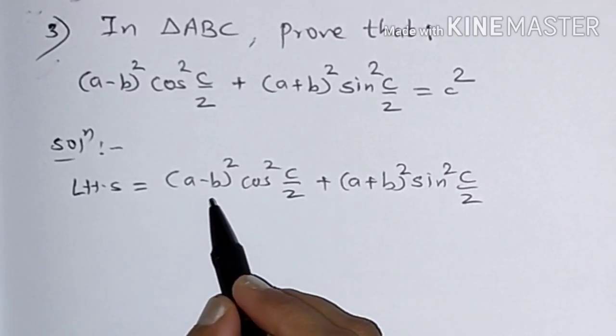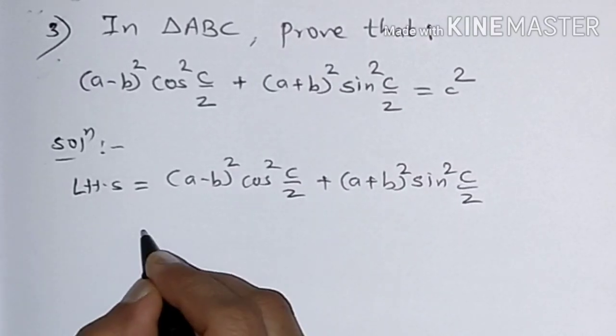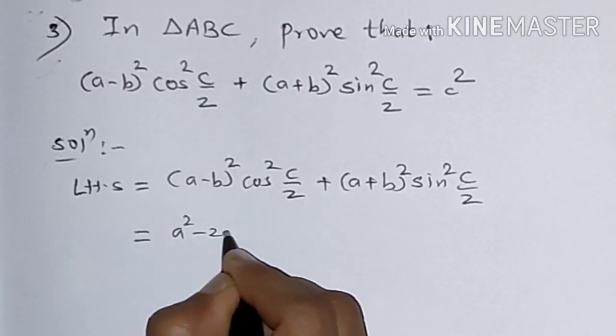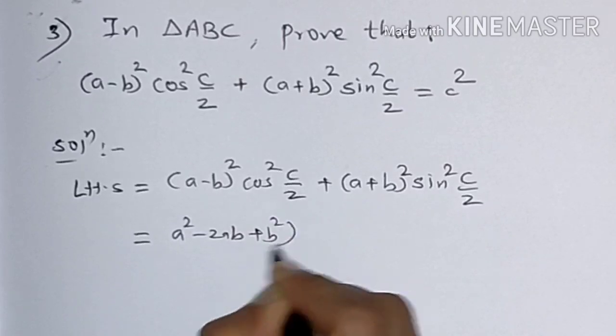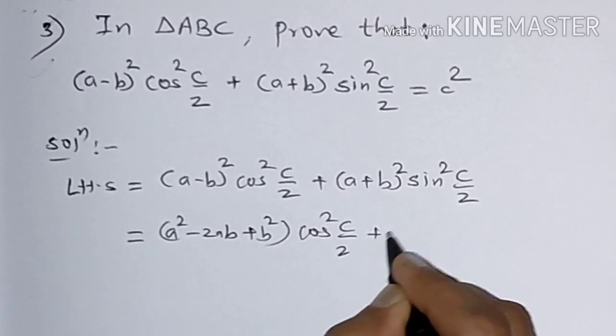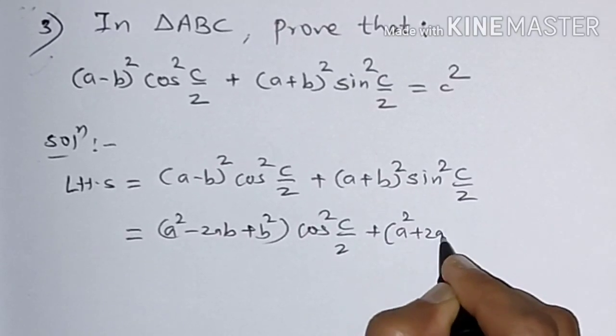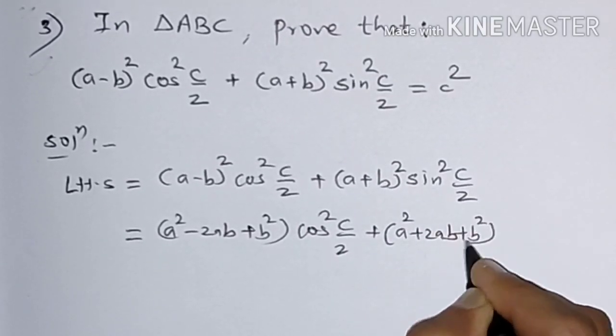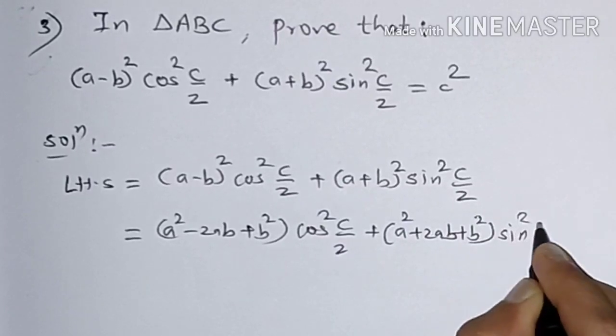We will expand (a minus b) whole square and (a plus b) whole square. So we will get (a square minus 2ab plus b square) into cos square C by 2 plus (a square plus 2ab plus b square) into sin square C by 2.